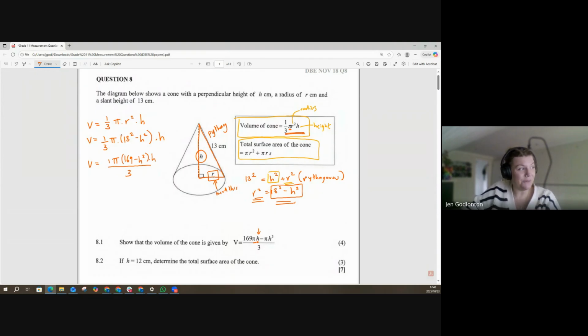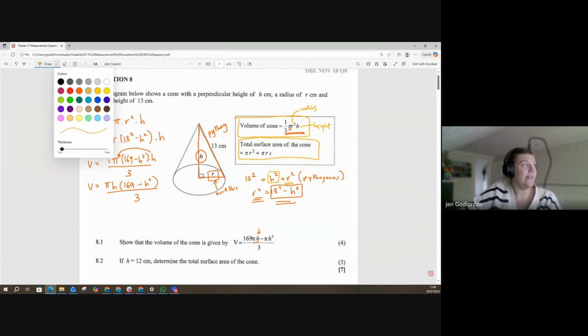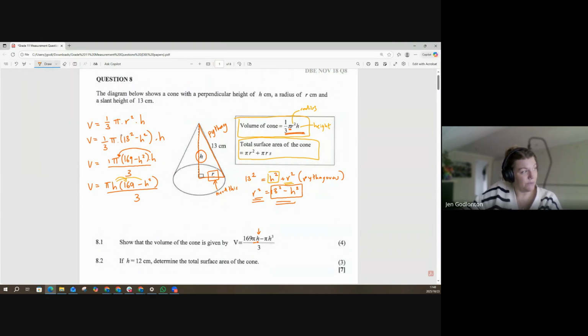So I'm just going to rearrange this a little bit to make it easier to multiply. I'm just going to move my h over there because everything's being multiplied. So that's going to be pi h times 169 minus h squared all over 3. And then I can take this into both terms.